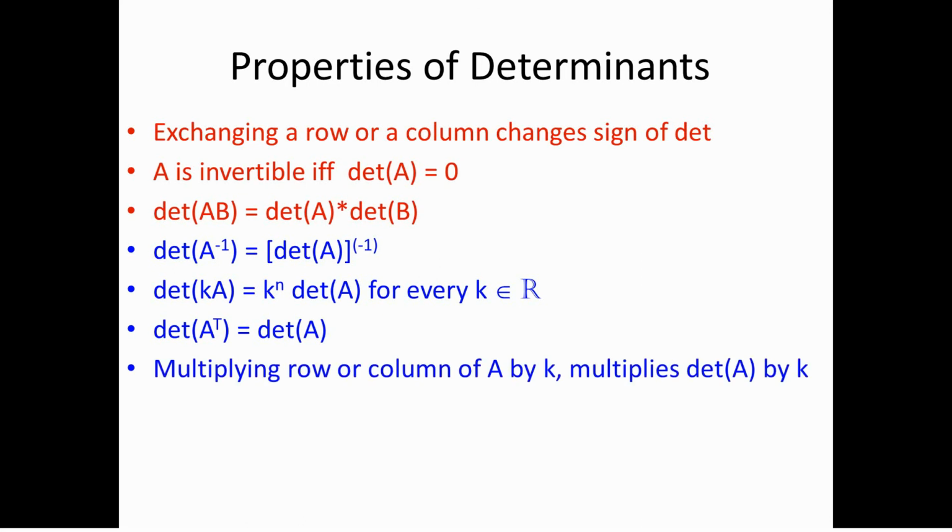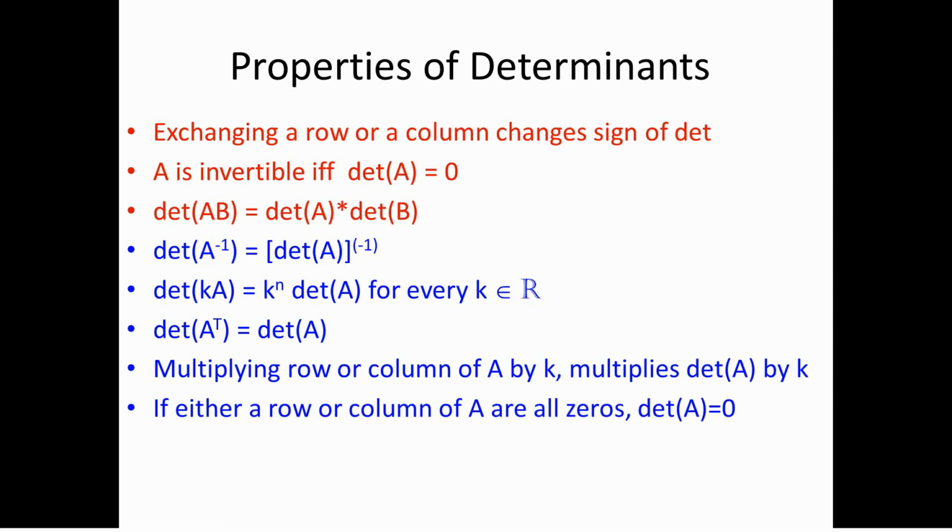Okay, multiplying a row or a column of any matrix multiplies the determinant by k, and you should verify that. You can prove that. That follows directly from the cofactor expansion formula for the determinant. If either a row or a column of A are all zeros, the determinant is 0. Again, follows from the definition.